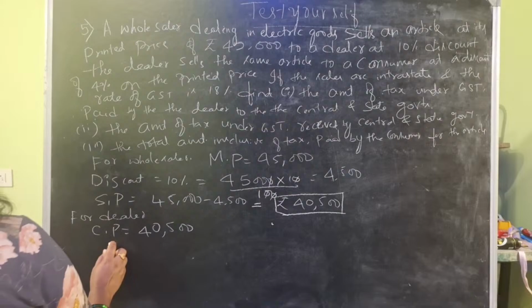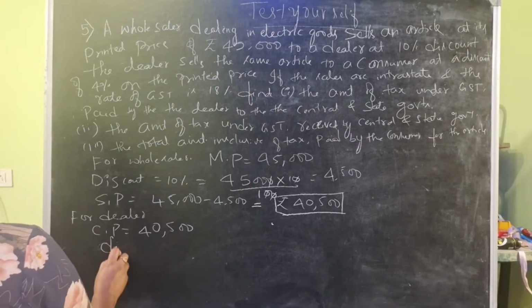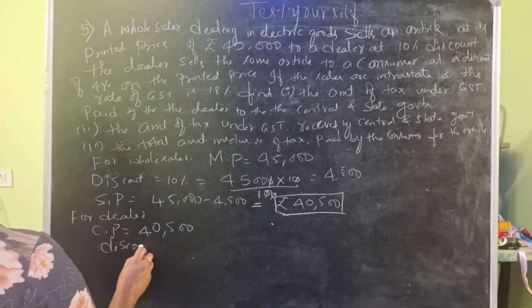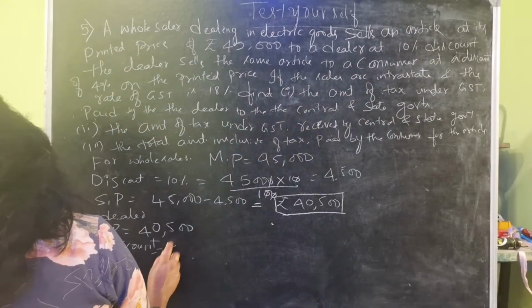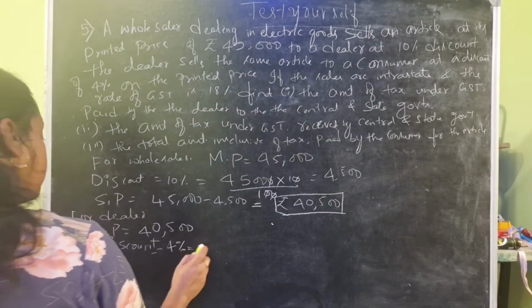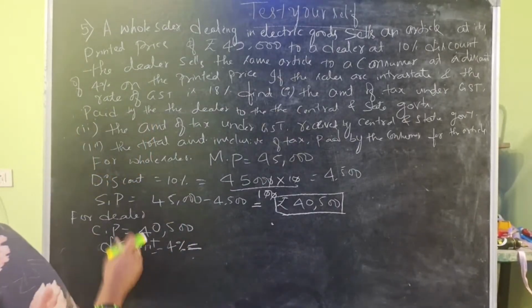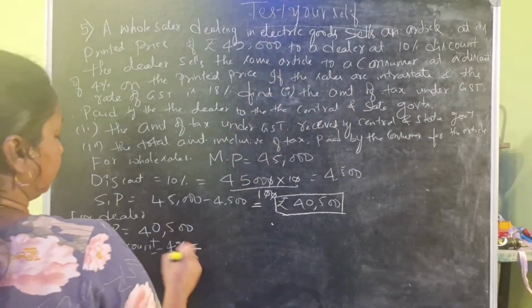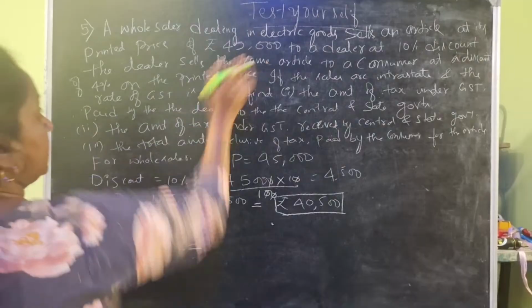Then discount is equal to 4%, which is equal to, here the market price, we have to find the discount based upon the market price only.